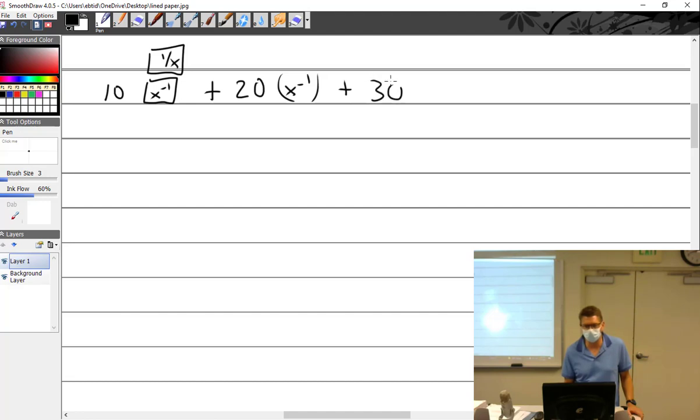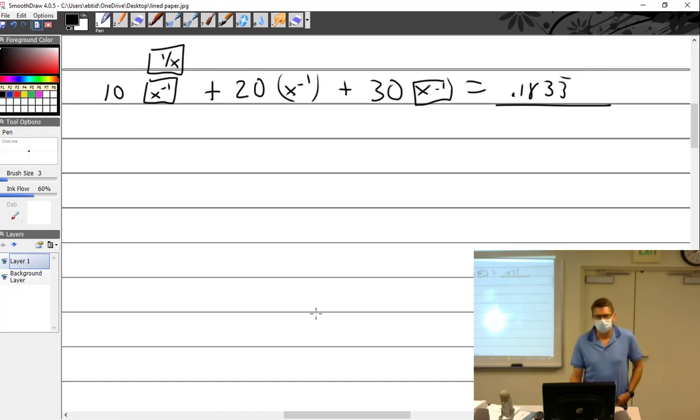Plus 30, x minus 1 equals, and you're going to get a number. That number is 10 x minus 1 plus 20 x minus 1 plus 30 x minus 1 equals, and it just happens to be 0.1833 repeating. Does everybody have that? Huh? Does this calculator not have a button like that? 1 over x, I mean.